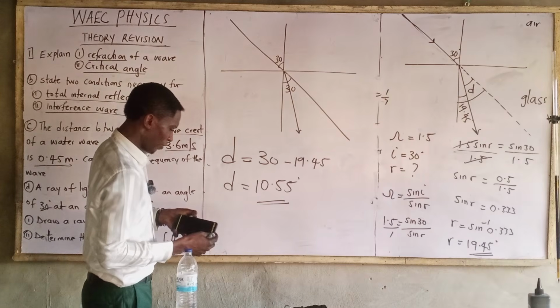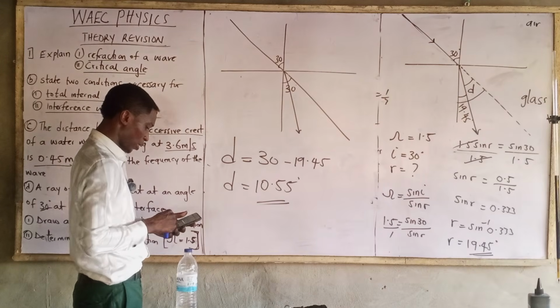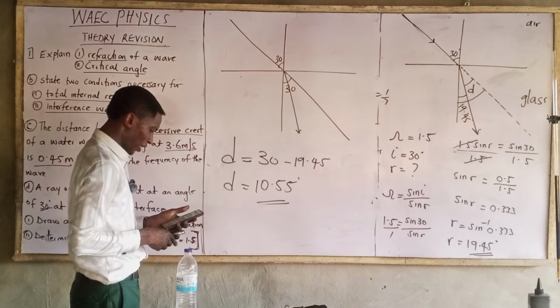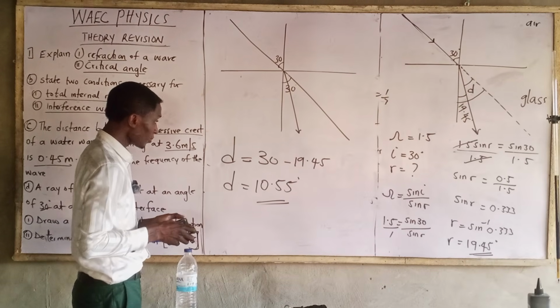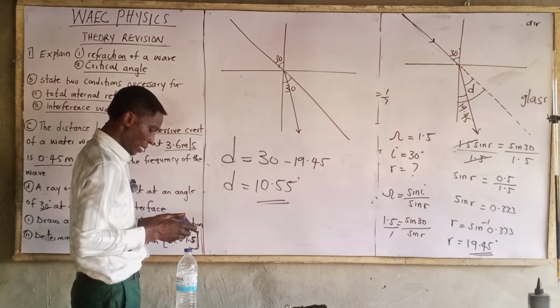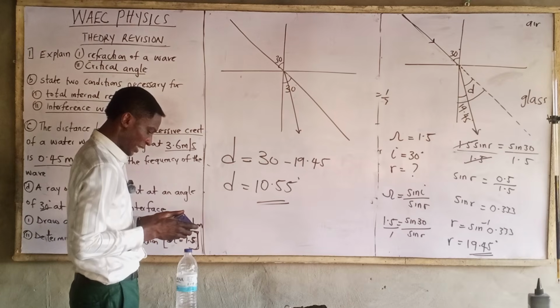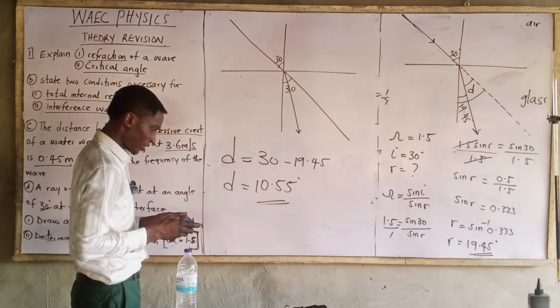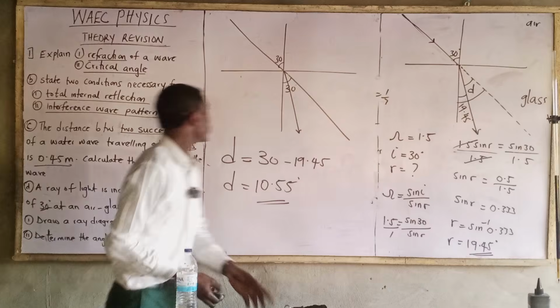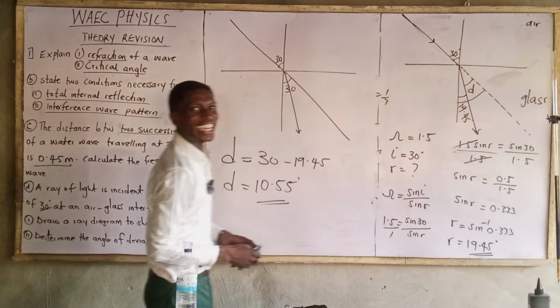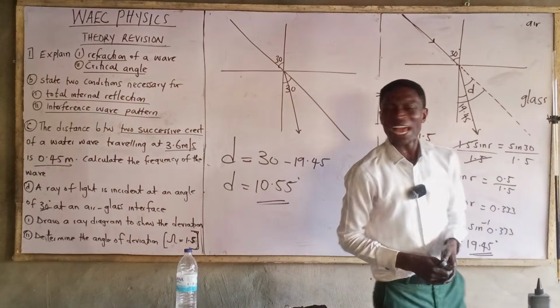Let me get the calculator to confirm to avoid any unnecessary error. 30 minus 19.45 is 10.55. So we've been able to do justice to the question.